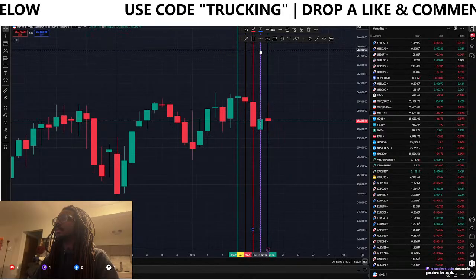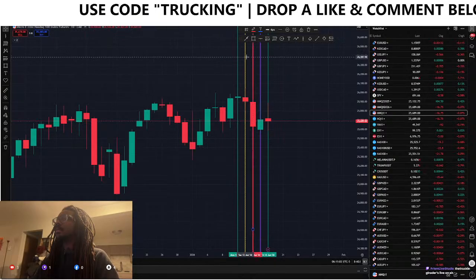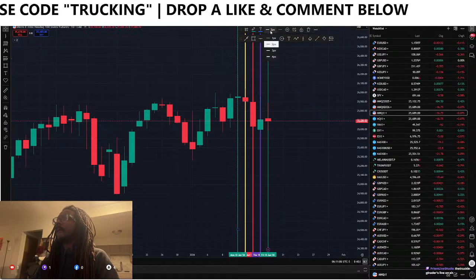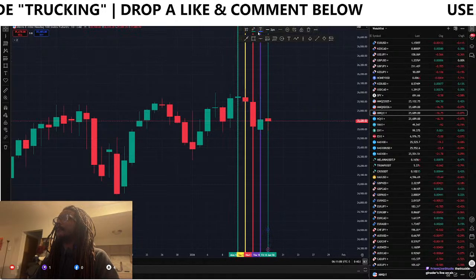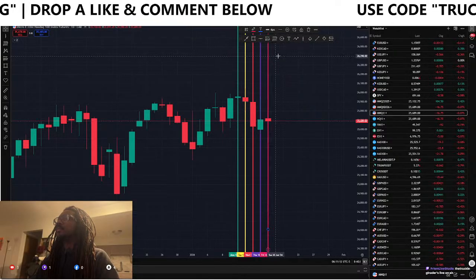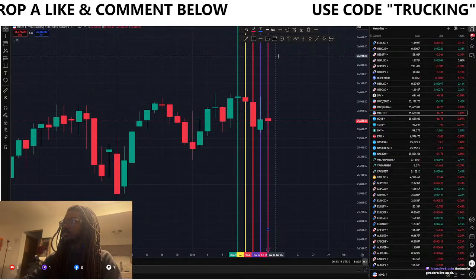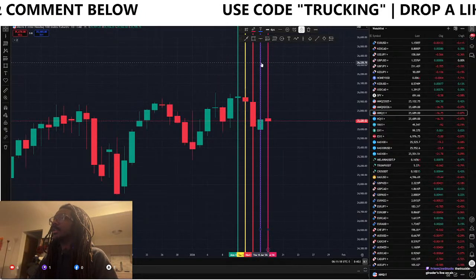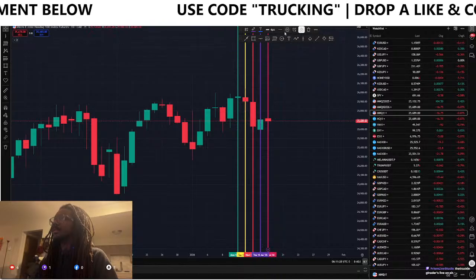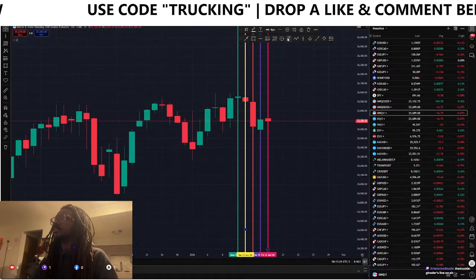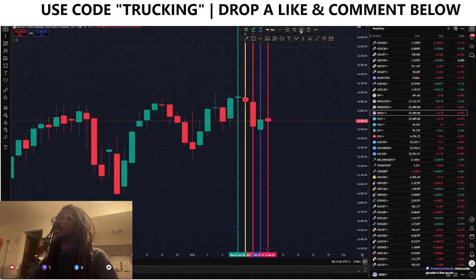Purple. All right, we can make these a little bit thicker, and then we could just also lock them on the chart just so we don't have to keep playing around. So we lock these on the chart.